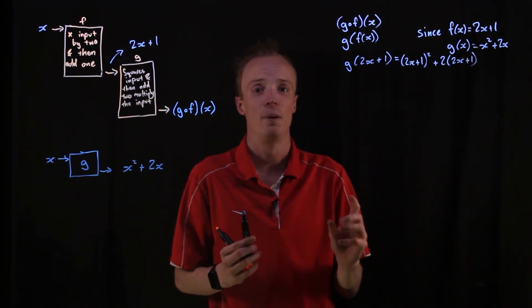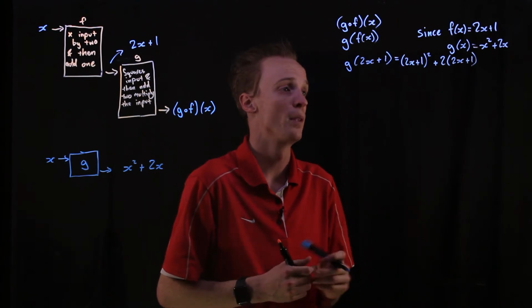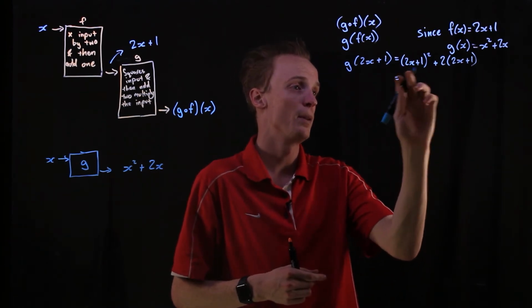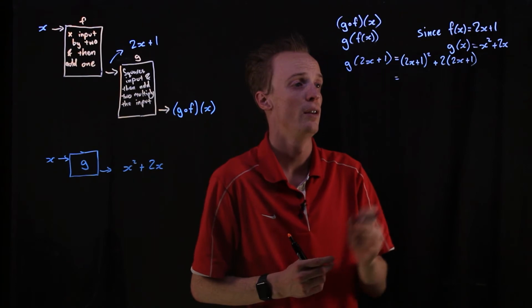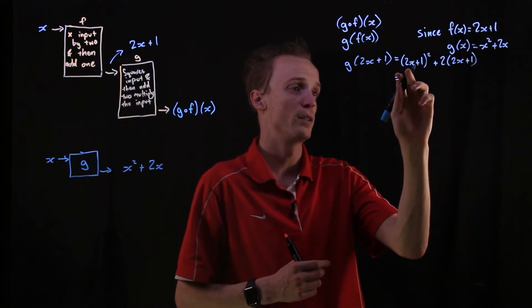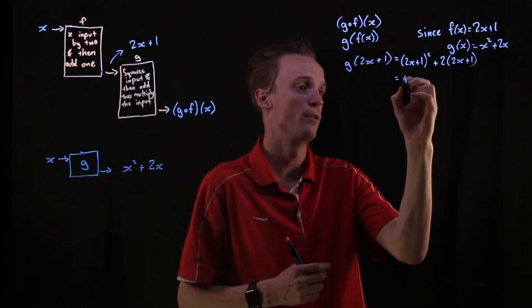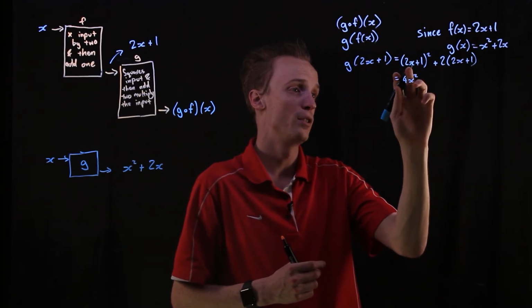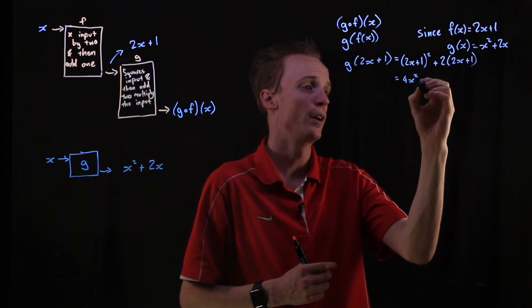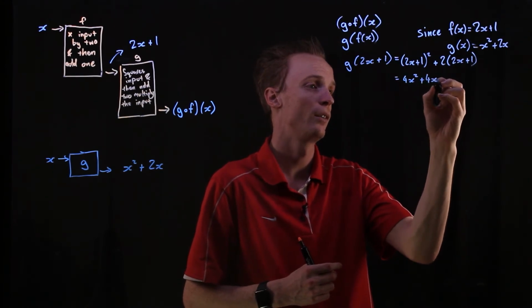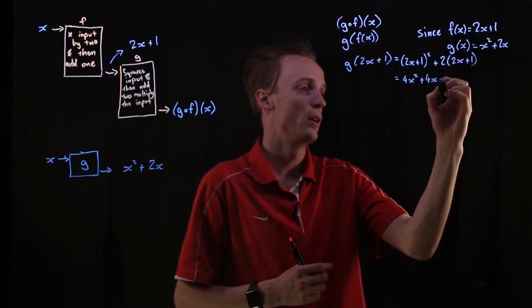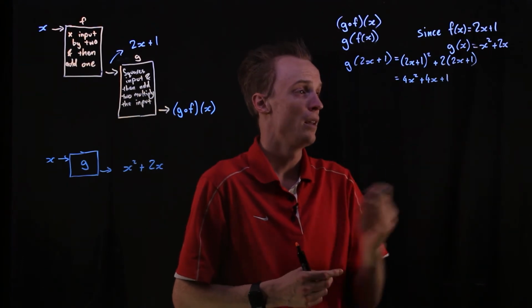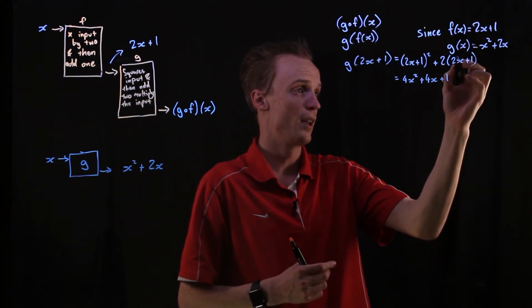So now we're left with just an expansion problem. If I expand this first section first, because it's a perfect square, 2x times 2x will be 4x squared. Then multiply these two will be 2x, double it will be 4x, so plus 4x. Then 1 times 1 is 1, so we plus 1. Then I've got to multiply this one out by 2.